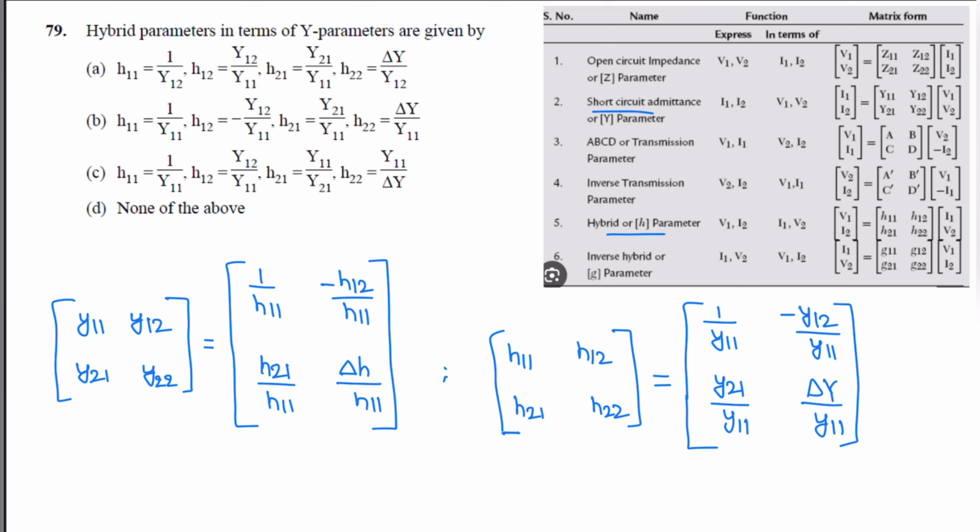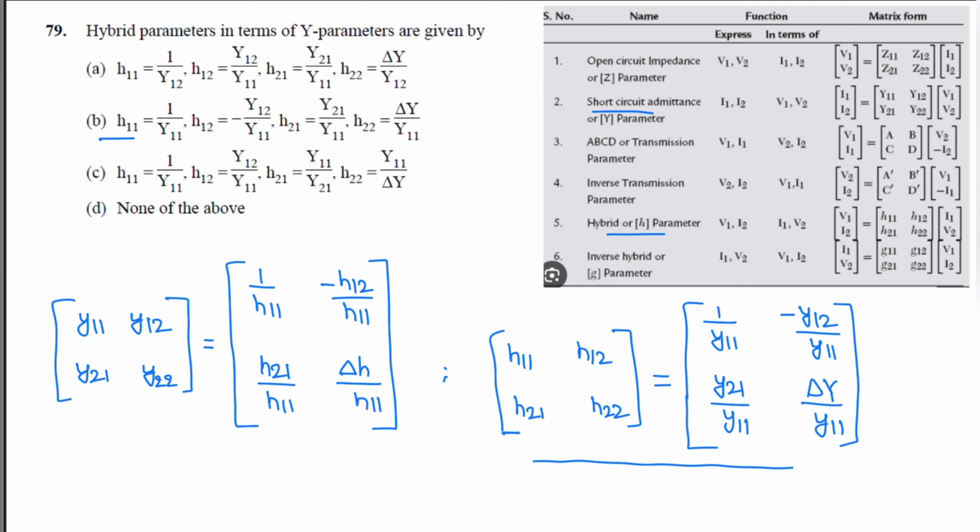H12 is minus Y12 by Y11. H21 is Y21 by Y11. H22 is delta Y by Y11. Correct option is B.